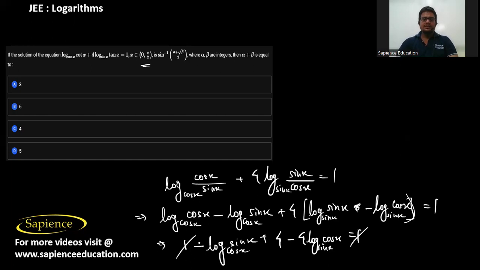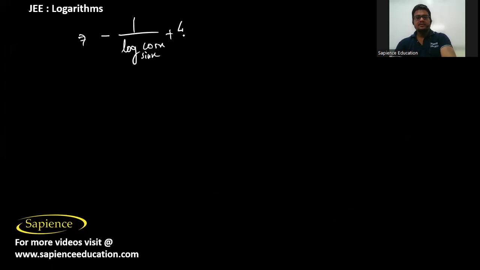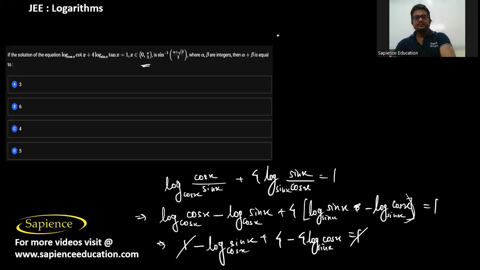So 1 and 1 will get cancelled. Then you can write this as minus 1 by log cos x base sin x, plus 4 minus 4 log cos x base sin x, that is equal to 0.